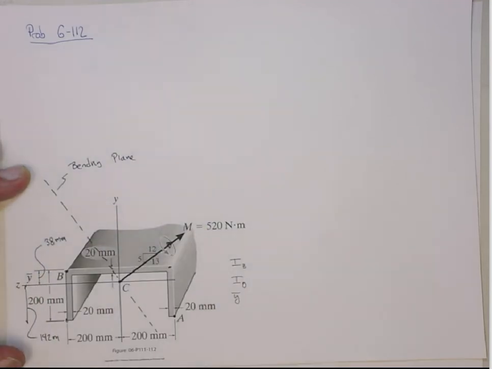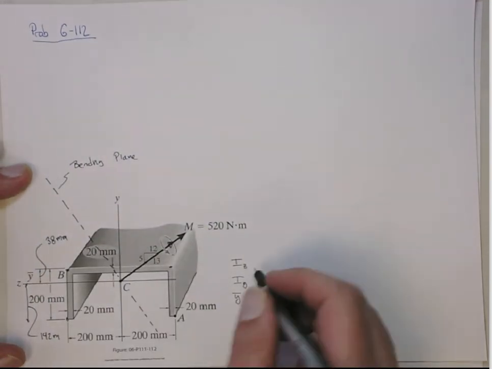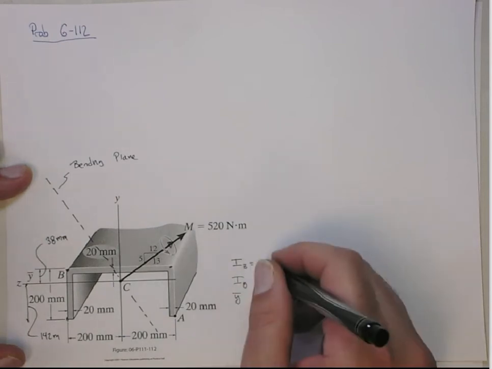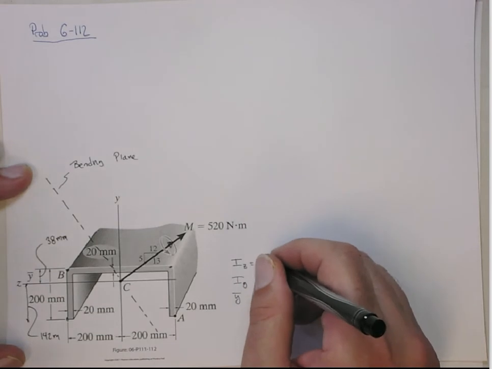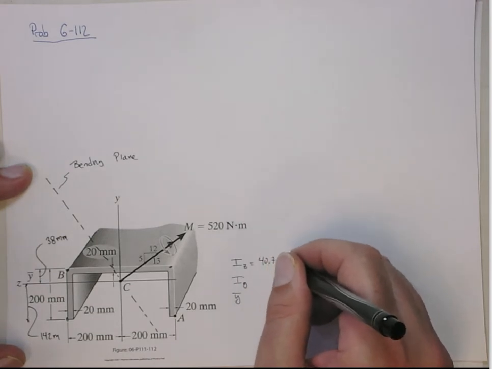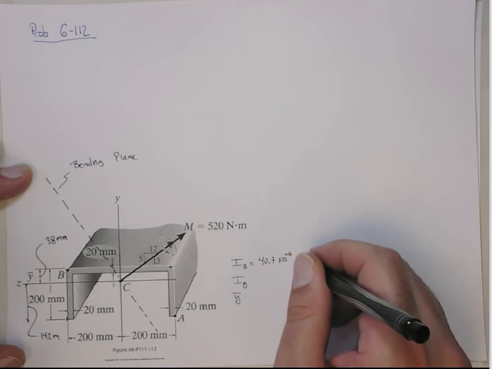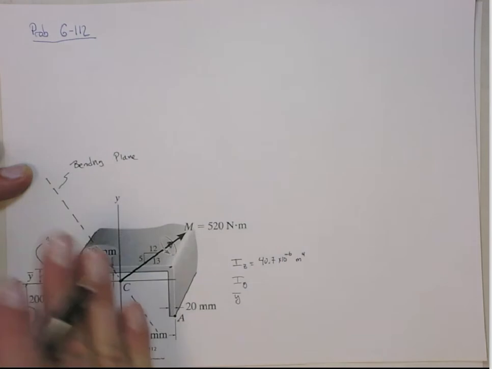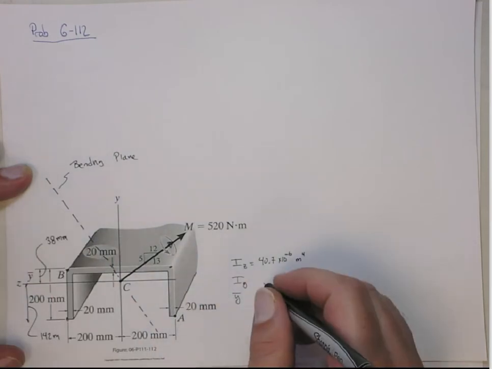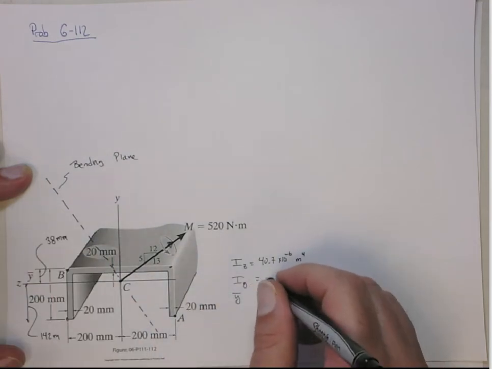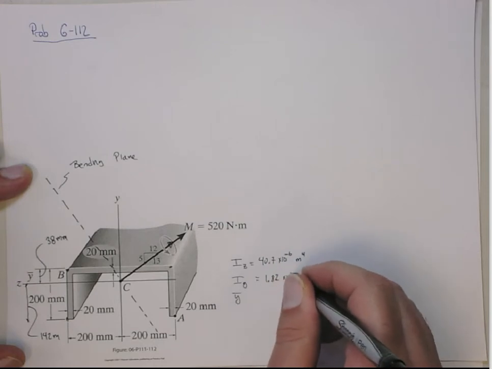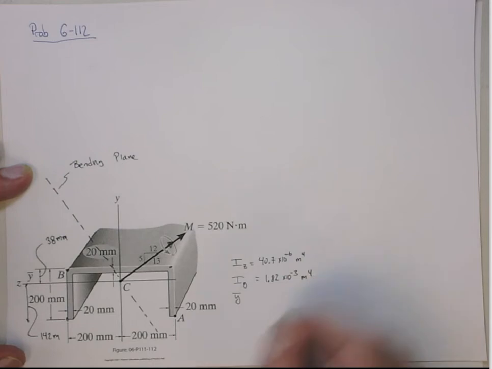The I about the z-axis turned out to be 40.7 times 10 to the minus 6 meters to the fourth. And the I about the y-axis is 1.82 times 10 to the minus third meters to the fourth.